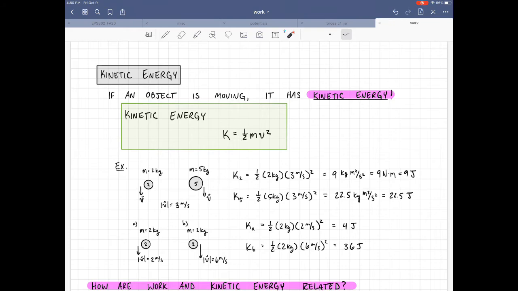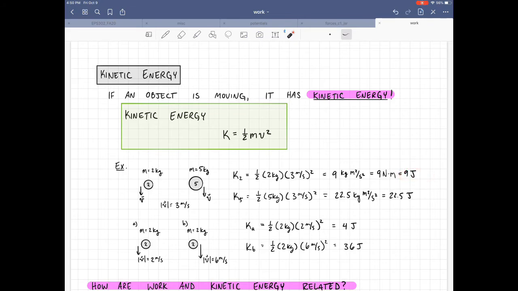So let's just look at a few examples here. I've got 2 objects, mass of 2 kilograms, mass of 5 kilograms, and they're both moving with the same constant velocity of 3 meters per second. So what's the kinetic energy for the 2 kilogram mass? Well, just plug in the values. I get 9 kilogram meter squared per second squared, which seems like an odd unit, but if you remember that a Newton is a kilogram meter per second squared, this is really 9 Newton meter, which is 9 joules.